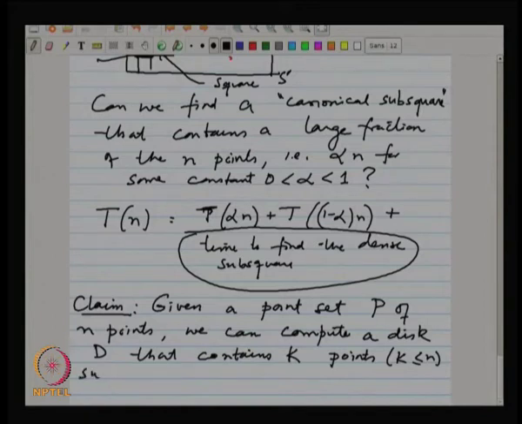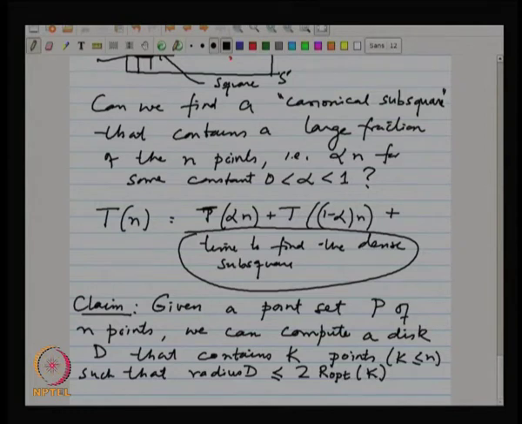Such that the radius of D is less than or equal to 2 times R opt k. I will just define what R opt k is.